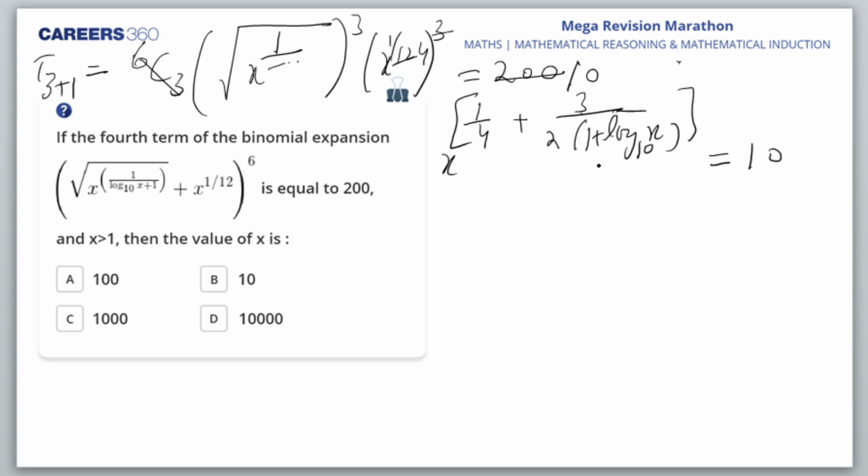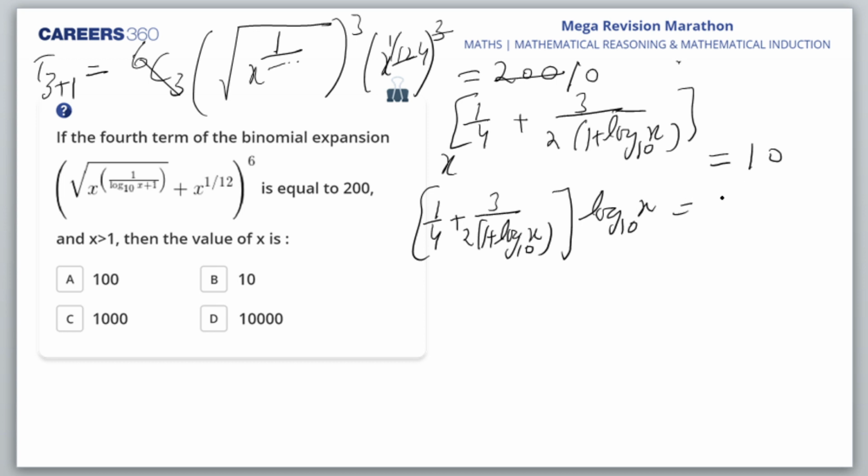Now, I'll take log to the base 10. So what do I get? 1 by 4 plus 3 by 2, 1 plus log x to the base 10, and log x to the base 10, and that log 10 to the base 10 would be 1. Am I right, students? Yes. So then what do I get? Take log x to the base 10 as t.